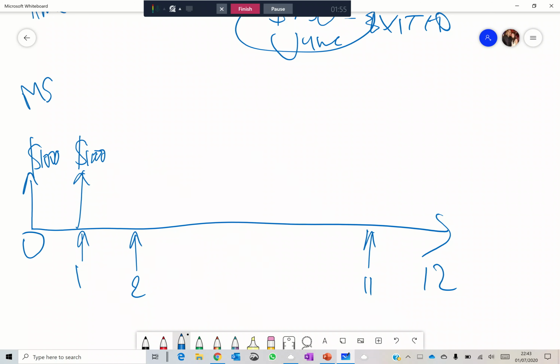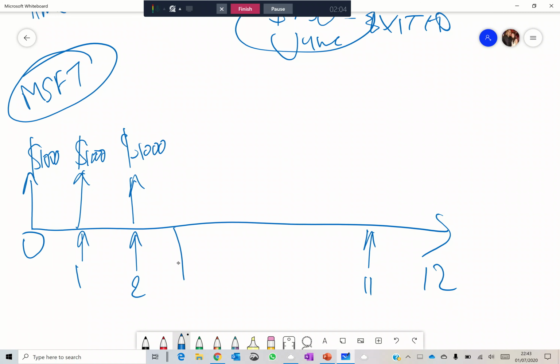And let's just, for argument's sake, assume that it's Microsoft. Okay, so we're going to buy $1,000 on each month of that stock, and of course at the end of 12 months we'd have $12,000 worth, and that's our allocation for this particular stock.